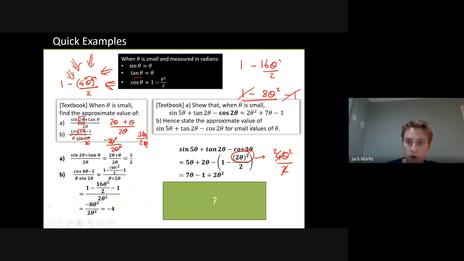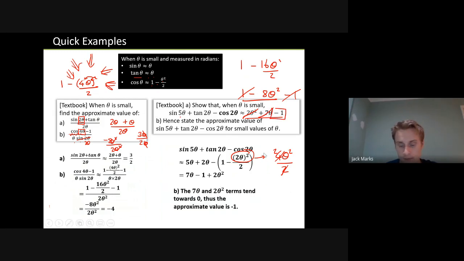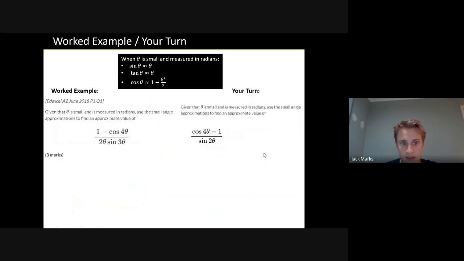Hence, state the approximate value of this whole thing here. So this becomes this. Well, this is all the same as this. So what happens to this for small values of theta? Well, imagine if they were zeros. Gone, gone, constant. Hence why they're called constants. Minus 1 is the answer.